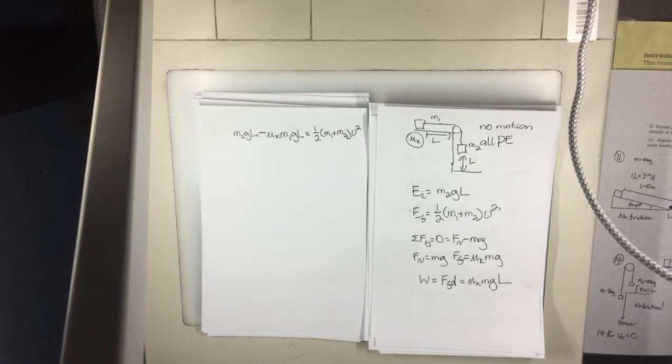And so that is the energy equation for the motion. Now, in the test, this is the setup that you've got to do. It's a lot easier than doing Atwood's machine with motion to find velocity. If I had to figure out the time that it took for it to fall, I would use motion. If I had to find final velocity, I would use energy.